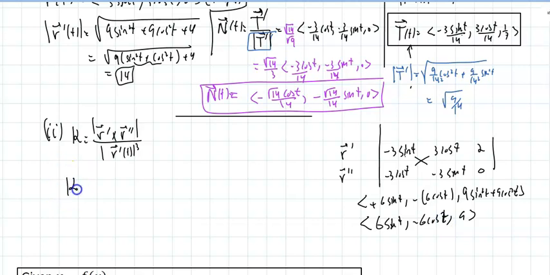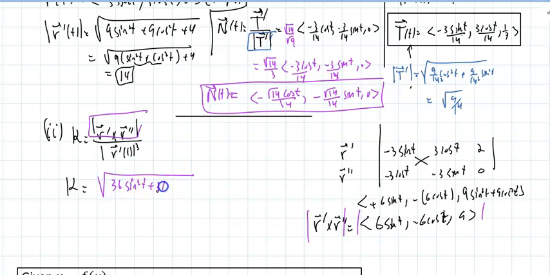So the curvature is the magnitude of this. If I take the magnitude of this, that would be the square root of 36 sine squared of t plus 36 cosine squared of t plus 81, over the magnitude of r prime.